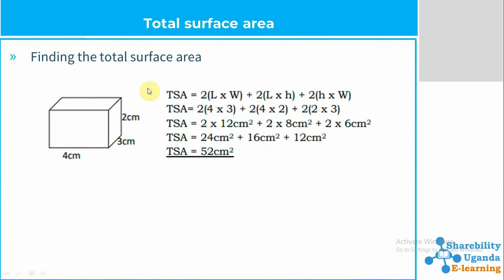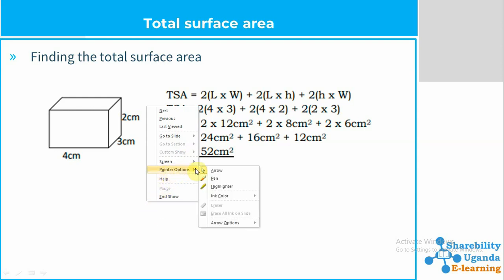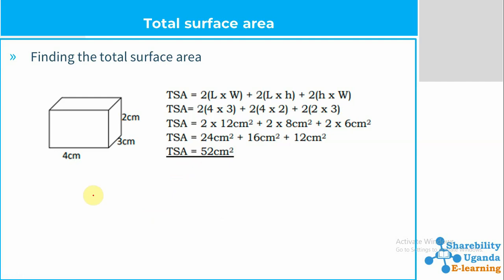In this cuboid, they are asking us to find the total surface area. We have a formula for finding our total surface area. Now we are saying our TSA is the total surface area.